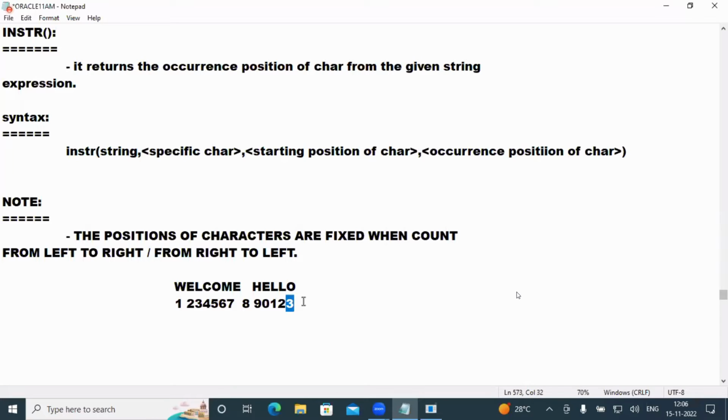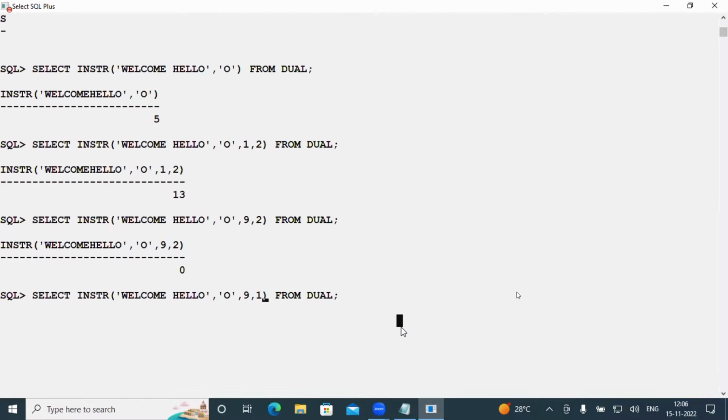What is the position of this O? 13. Understanding? So now let me see, 13 will be returned or not. Understand? So this is the way in a string we find the specific character occurrence positions.